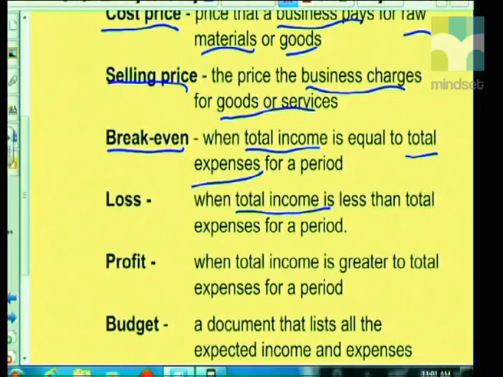That's my break-even point. Now, obviously, what we don't want to happen, and this often happens for small businesses and sometimes for larger businesses, even countries have this situation, is when the total income is less than the total expenditure for a period of time.